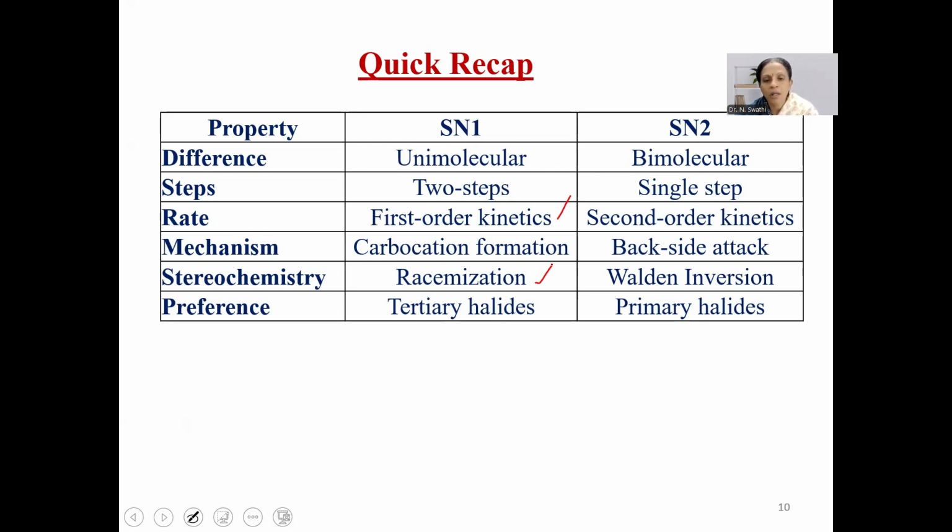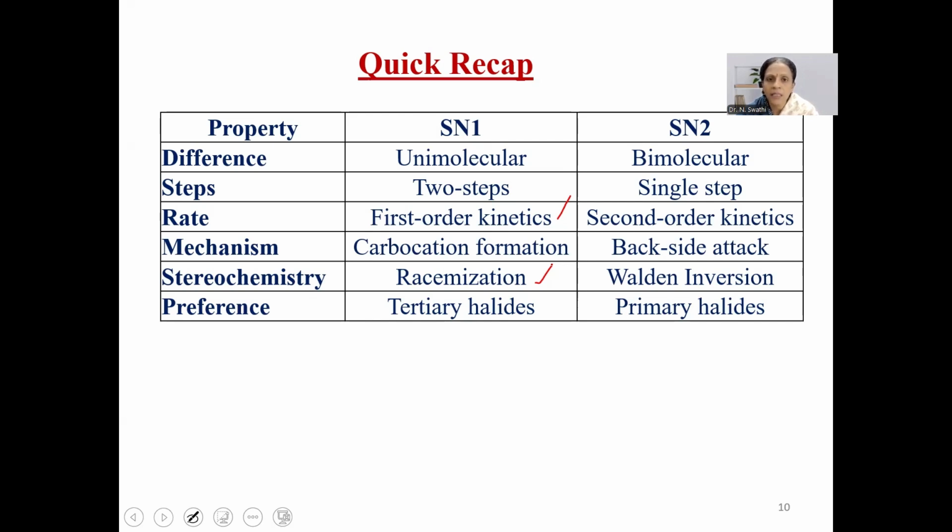Tertiary alkyl halides prefer SN1 reactions because carbocation formation is the ultimate rate determining step. When it comes to SN2, it is a bimolecular reaction involving a single step, and it follows second order kinetics because both the reactants are involved in the rate determining step. It involves backside attack, and the stereochemistry is Walden inversion.